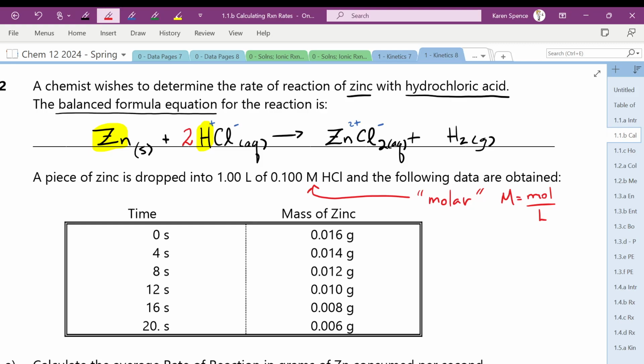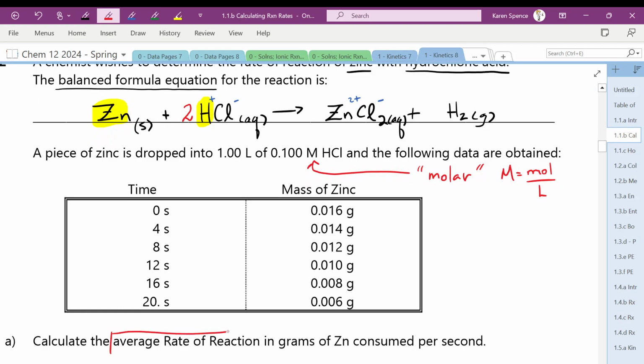We're given all this data and we're asked to find the average rate of reaction.